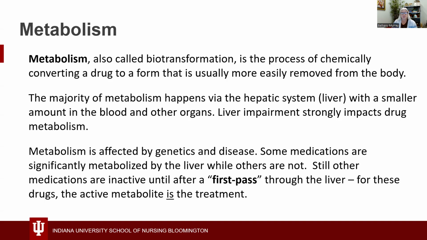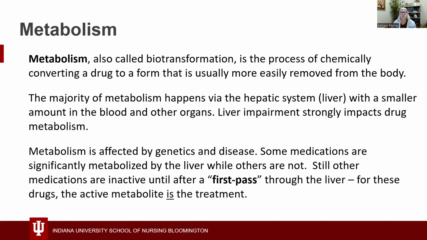And then the last principle that I want you to be familiar with is something called the first pass effect. So if you go back to think about absorption and then distribution, the molecule is now in the bloodstream and it goes very rapidly through the venous system and into the liver where it's metabolized initially.